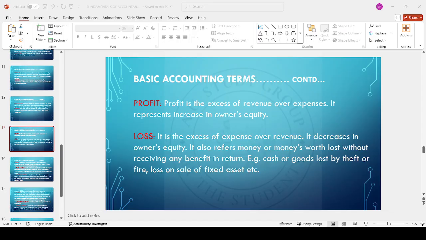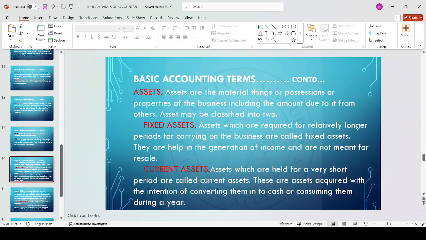Okay, let's go to the next terms. Assets. Now let's come to the balance sheet terms, assets and liabilities. Assets are the material things or possessions or properties that the business owns, which includes money owed to it.